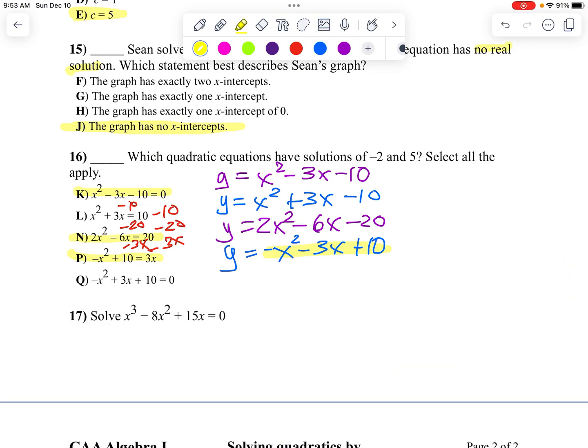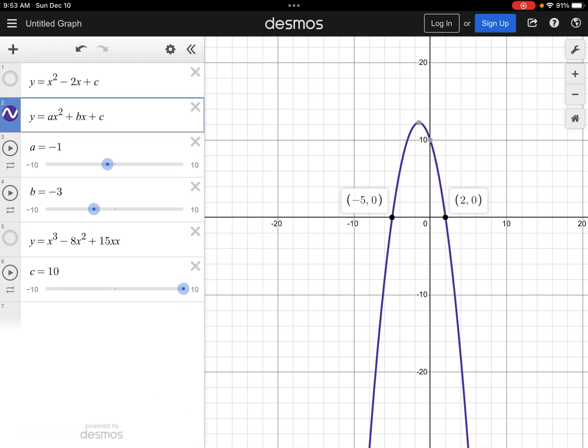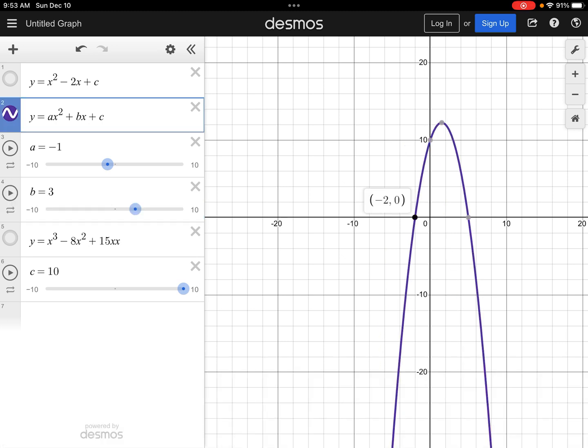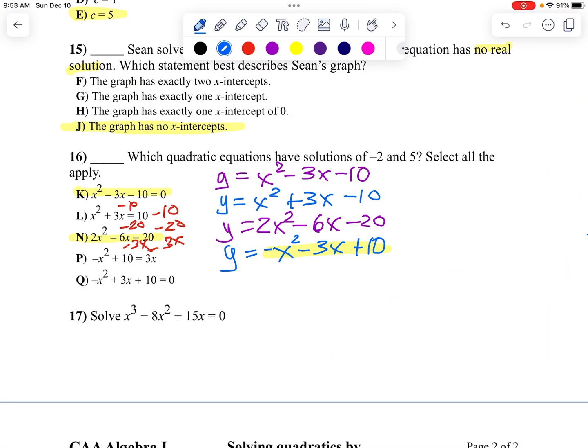No. So P is not the opposite, is it? So I made a mistake there. It's not P. Let's do Q. Let's change that to a positive 3. That's the one I actually did, isn't it? There we go. There's our negative 2 and 5. There's the one that's actually the opposite, isn't it? Messed up on that other one.